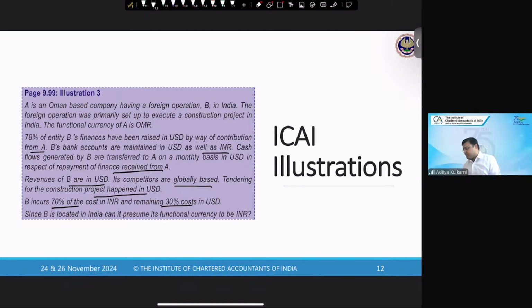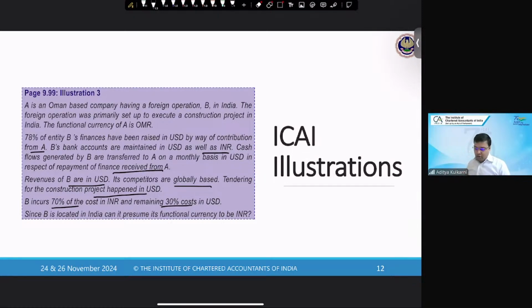And sir, revenues also are in USD. That's right. So all these factors point out that your functional currency is tilting towards USD. Let me give you the reasons why it is tilting towards USD.